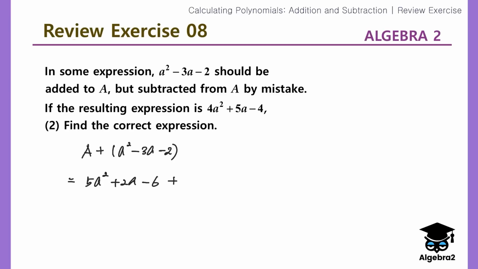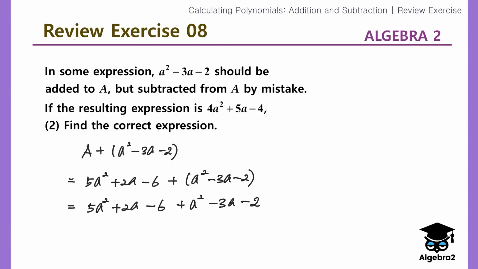And we have plus a squared minus 3a minus 2. So that's going to be 5a squared plus 2a minus 6 plus a squared minus 3a minus 2.